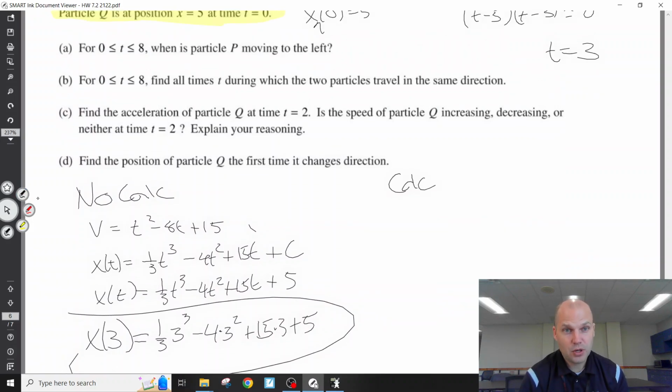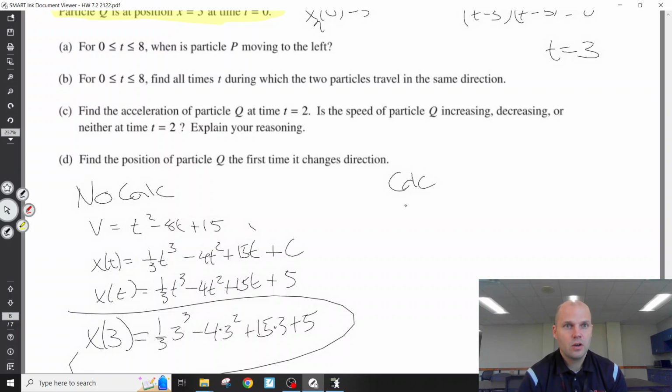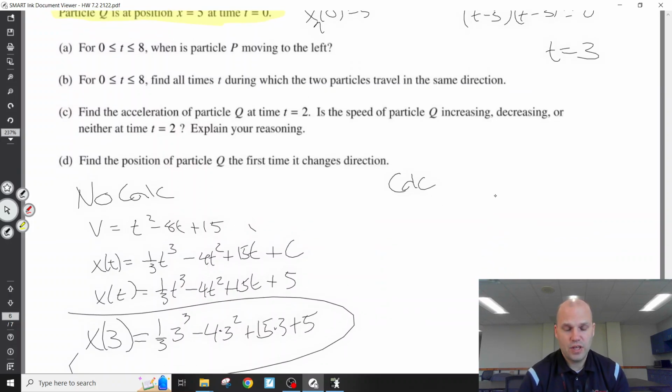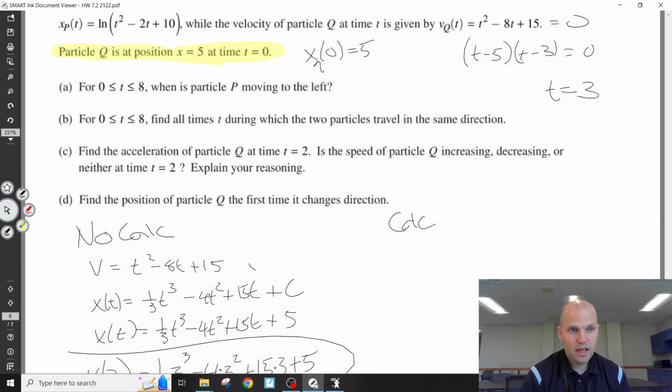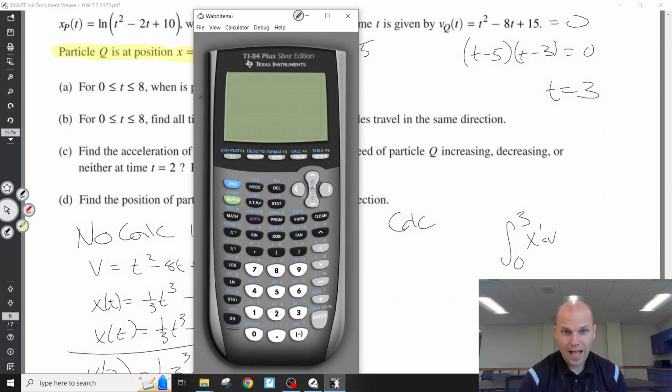I'm going to type it in, but also show you the other way to find this, where it's like, this area from 0 to 3 under this velocity will tell me how much I've displaced or how far away I am from where I started.